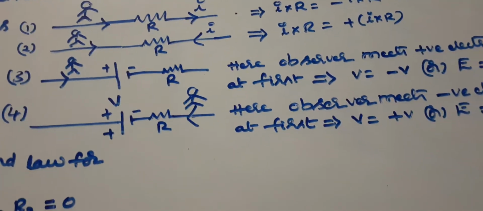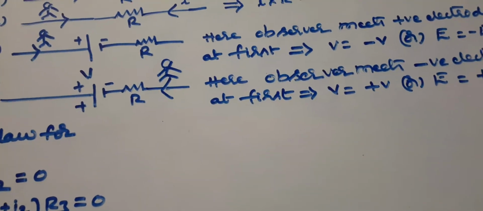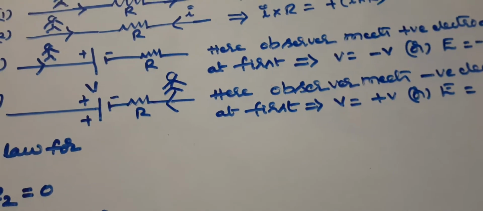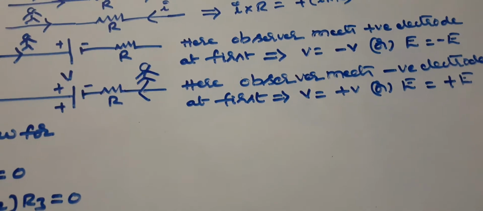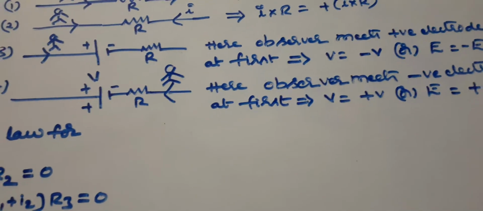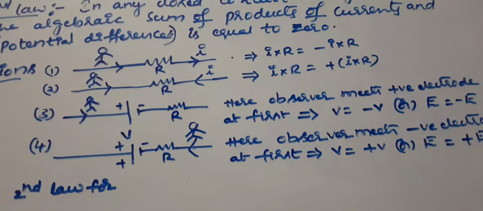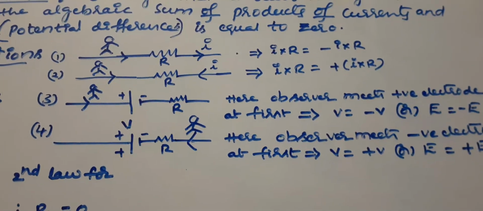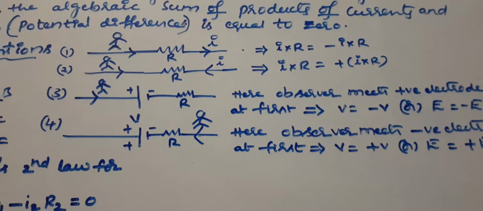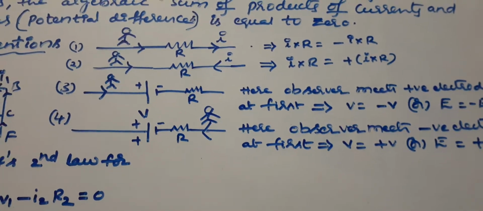That is why the potential difference V, that is the EMF of the cell, will be taken with plus sign. So these are the sign conventions, students, most important for solving circuit problems related to finding current, resistance, EMF.